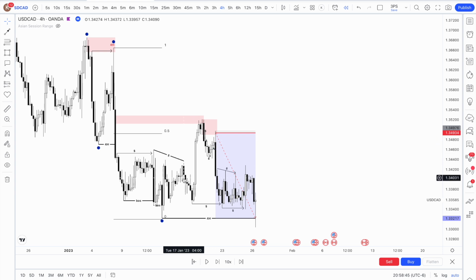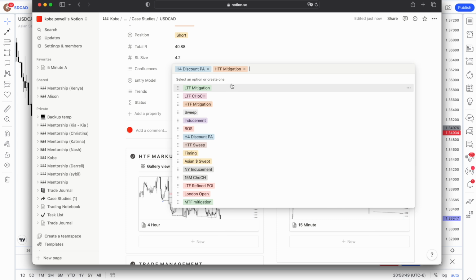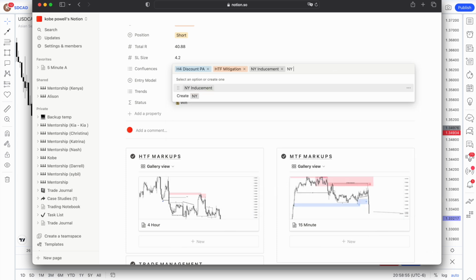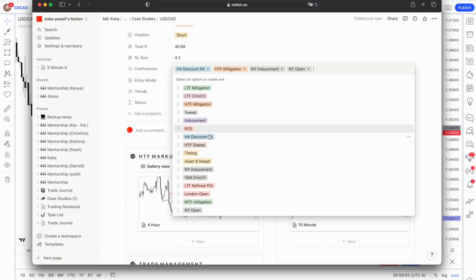Not the strongest supply because we didn't break too much, but we do know it is confirmed on the lower time frame. So I'm okay with that. I have my New York inducement for the New York Open, as well as I know this was around New York Open. So I'm going to add that one in there. As well as when we start going lower, we know timing had to do with it because of the session open.